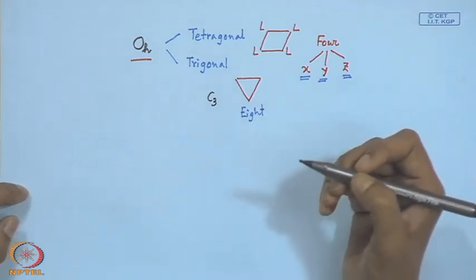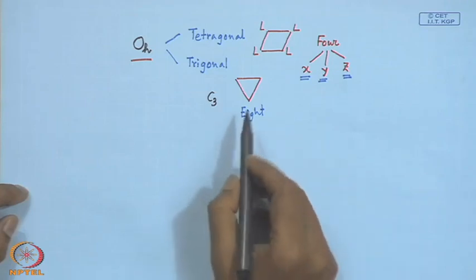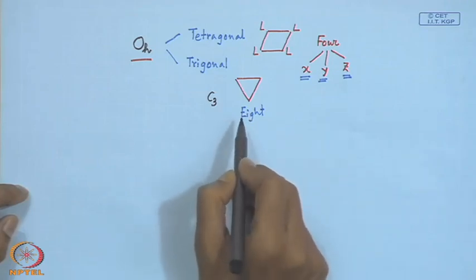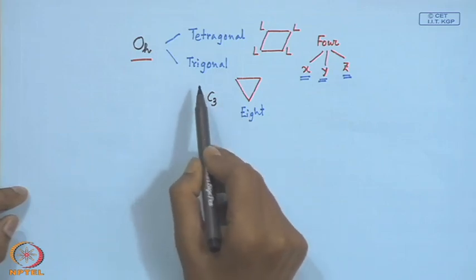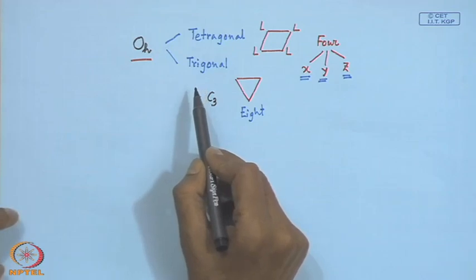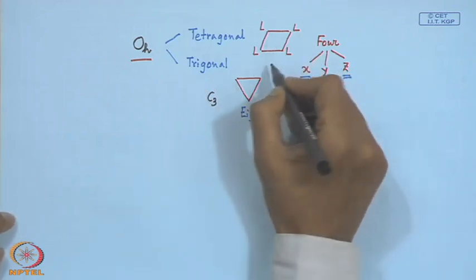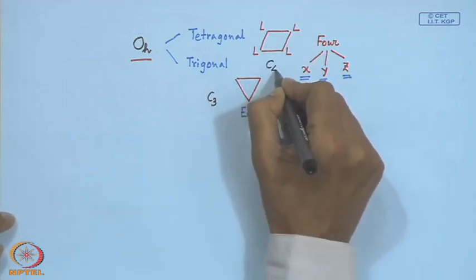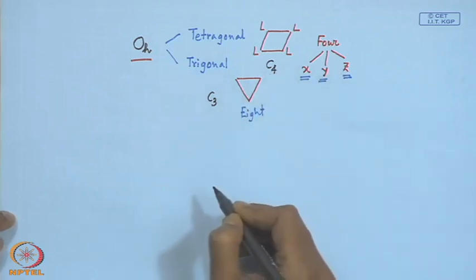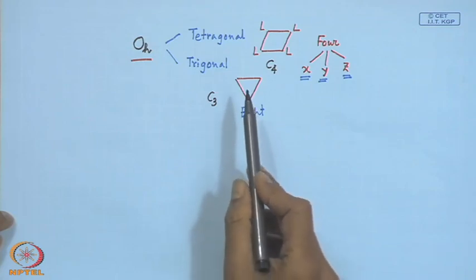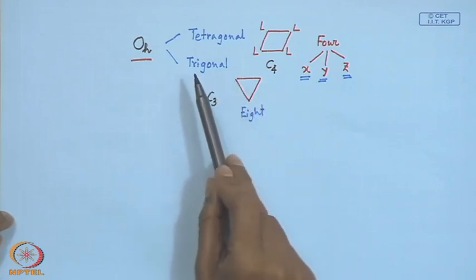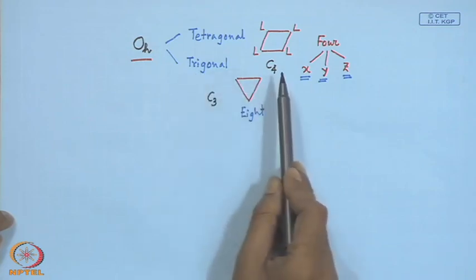So, along the C3 axis, how the corresponding elongation and compression and distortion can take place, that will all be known as the corresponding trigonal distortion of the octahedral geometry. And in this particular case, when we are focusing our attention on the C4 axis perpendicular to the plane of the square planes, we will call them tetragonal distortions.